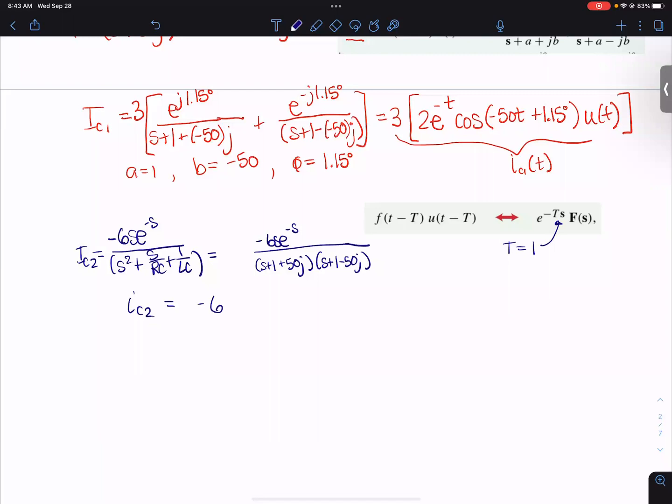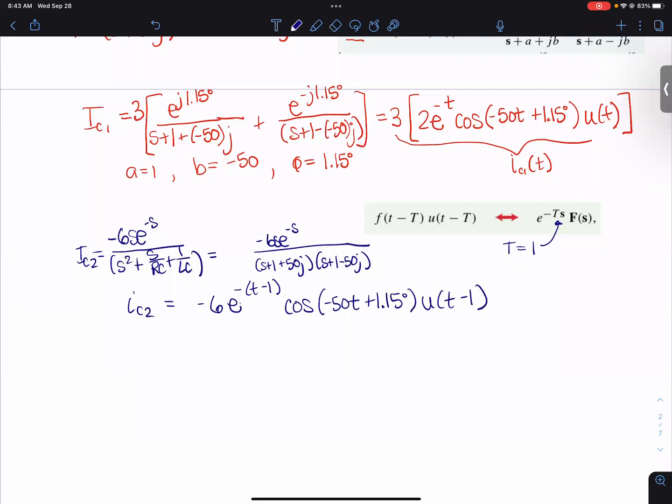So minus 6 e to the minus (t minus 1) cosine 50t plus 1.15 degrees u of t minus 1.